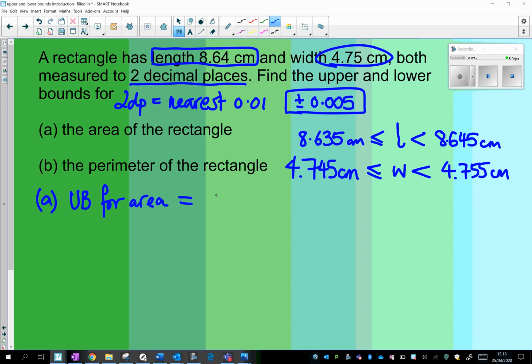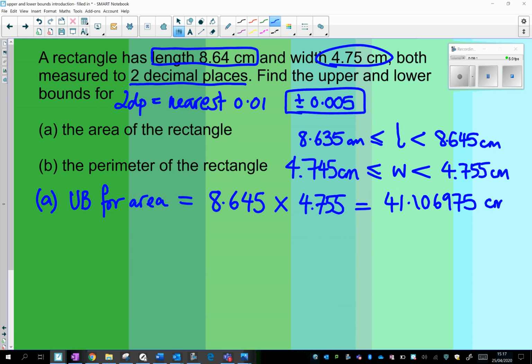So that's 8.645 multiplied by 4.755, and that comes out as 41.106975. You might be asked to round this, but I'm not going to round it. I'm just going to leave it like that.